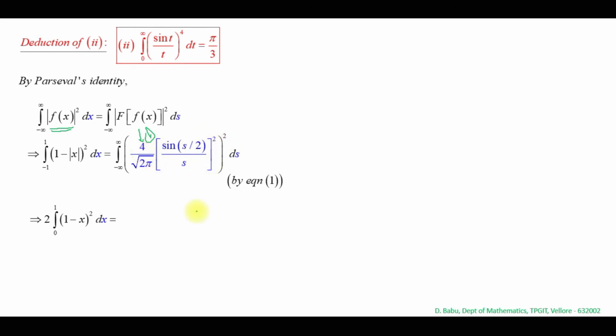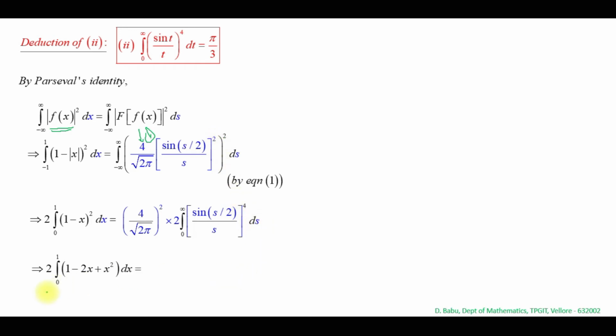Also 4 square, so 4 divided by square root of 2 pi the whole square. It is a constant term, therefore we take it outside. Squaring term is an even function, therefore minus to plus infinity can be written as 2 times 0 to infinity of sin s by 2 divided by s. 2 into 2 equal to 4 into ds.